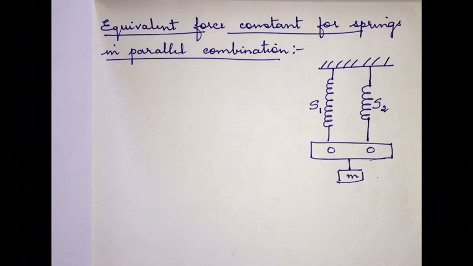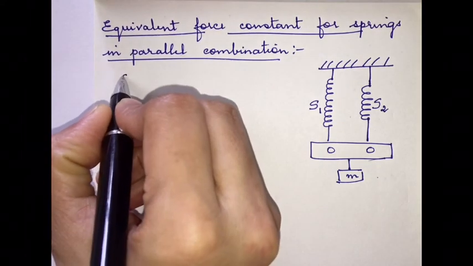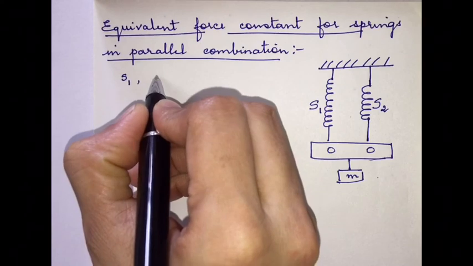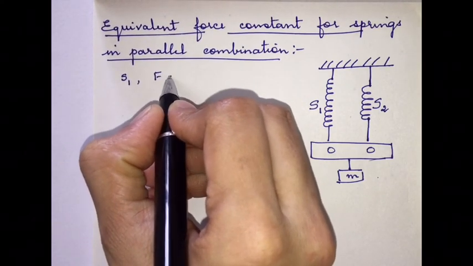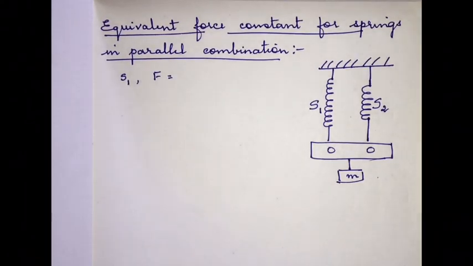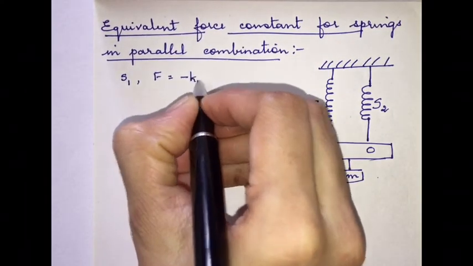Again, let us consider the two springs S1 and S2. Starting in the same way, if I take S1 separately, then the restoring force experienced by this spring is given by minus K1 x1.